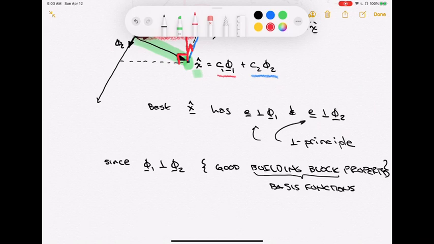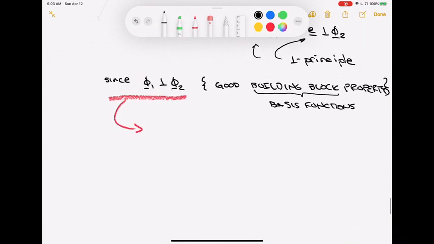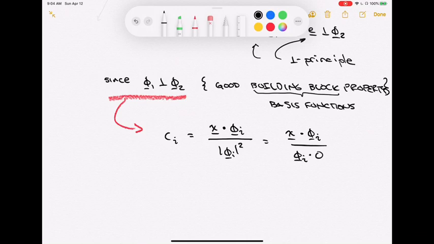Since we have that, we know something else, and this is something we'll derive in detail later, that I can find any of those individual coefficients as being what? It's just x dotted with that particular basis function, phi, over the size of that basis function squared, which we could write as x dotted phi over phi dotted phi.